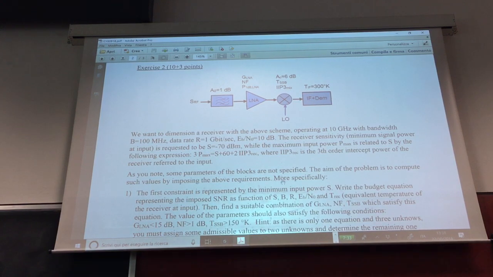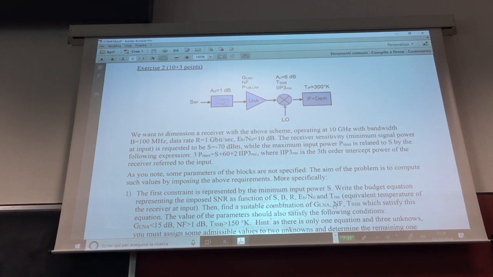More specifically, the first constraint is represented by the minimum input power S. Write the budget equation representing the imposed SNR as function of S, B, R, Eb over N0, and T rec, the equivalent temperature of the receiver at the input.